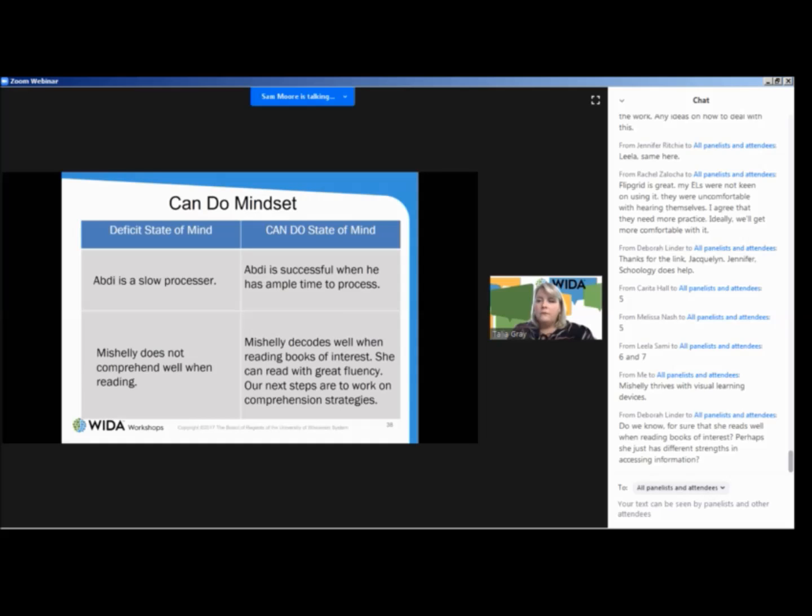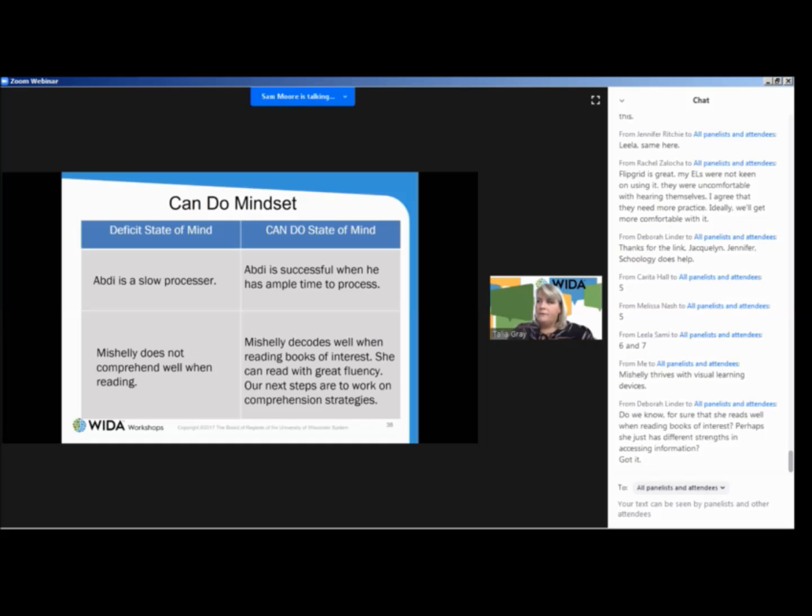It didn't give that to you in the deficit language. It really is challenging ourselves to have that paradigm shift to start looking at the things that our students bring to the table, identifying what those specific strengths are and capitalizing on them. So it could have gone other ways, I guess is what I'm trying to say.